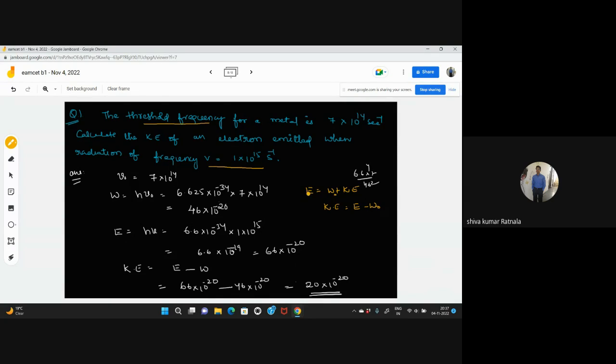First I calculated the work function, taking 6.625 as 6.6 by rounding off. Then I calculated energy incident, h nu. So kinetic energy equals energy incident minus work function. Likewise I did.